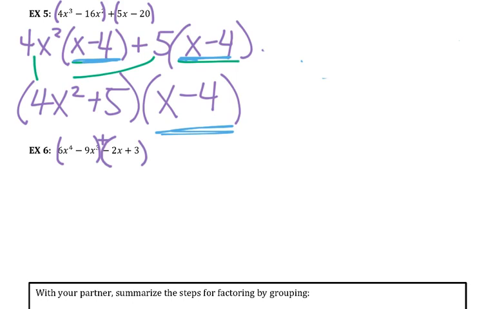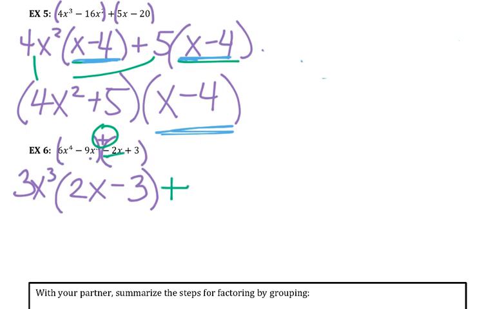The GCF of 6x to the 4th and 9x to the 3rd is 3x to the 3rd. We're left with 2x minus 3, close parentheses. Now remember, we put a plus sign in the middle and put the negative in with the negative 2x. So we're left with plus.